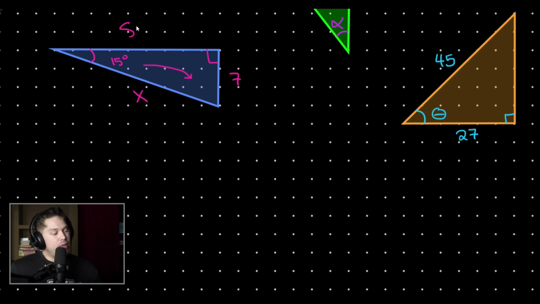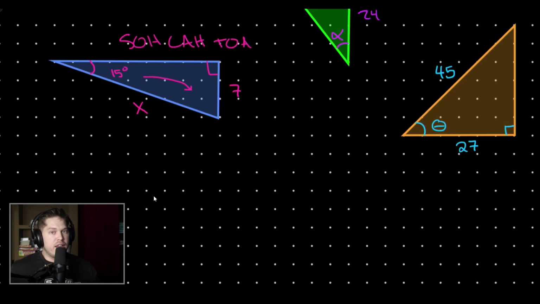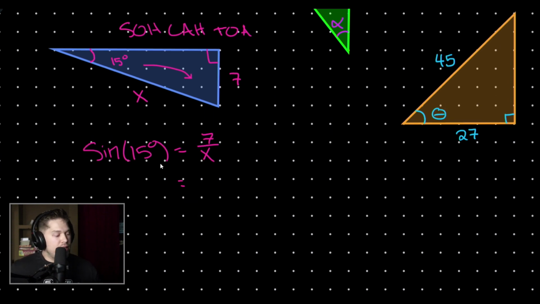So when we think of SOH-CAH-TOA, you should be thinking that we're going to be using our sine function, and that sine of 15 degrees is going to be equal to 7 over x, and then we just need to solve for x.